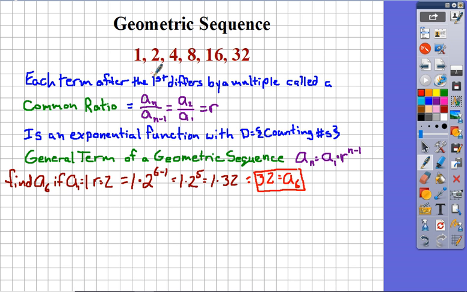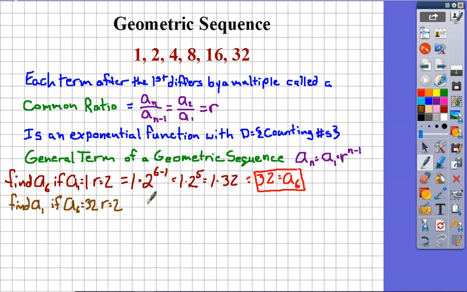Notice up here the first term was 1, the common ratio is 2, just like we said here. We're looking for the sixth term: 1, 2, 3, 4, 5, sixth term is 32. So now let's find the first term. Find a sub 1 if the sixth term, a sub 6, is 32, and the common ratio is 2. Now we're trying to find the first term when we know all the other parts.